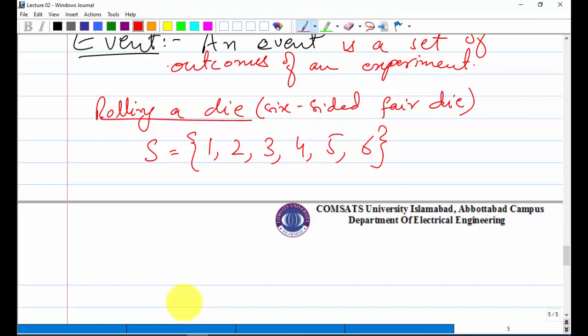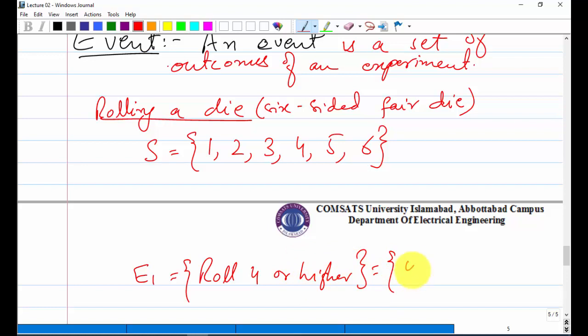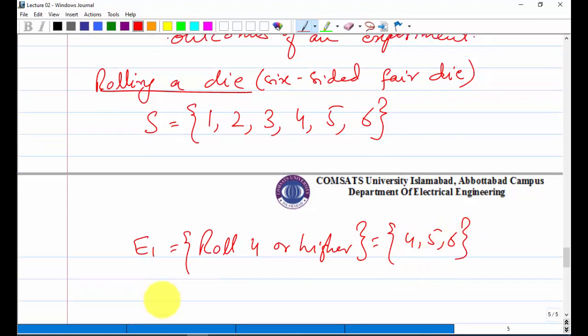So we can define different events, say E1: roll 4 or higher. So it means it can have 4, 5, 6, and we can define some other events, say E2: roll is even.